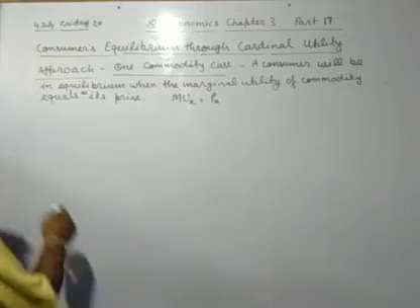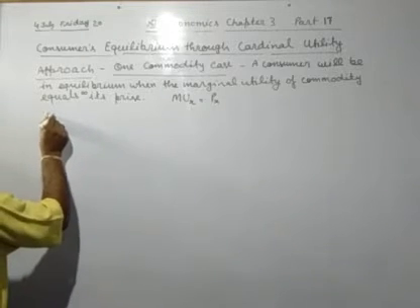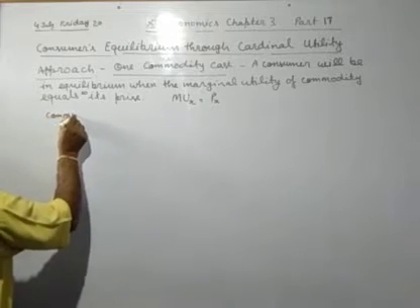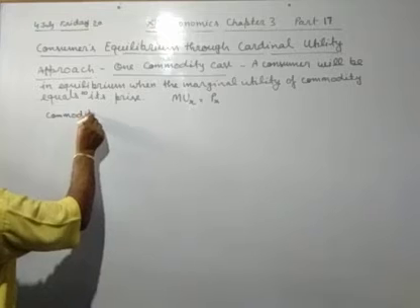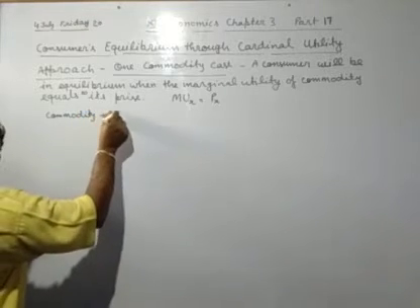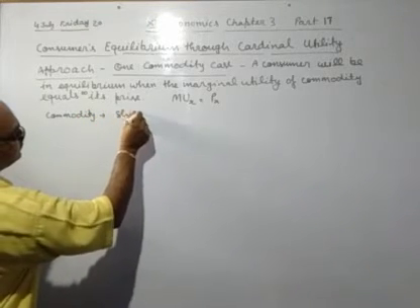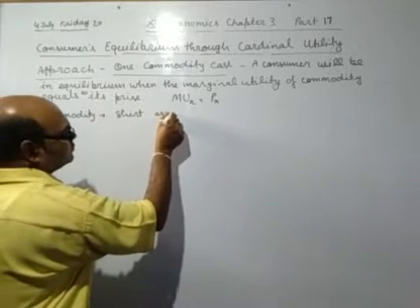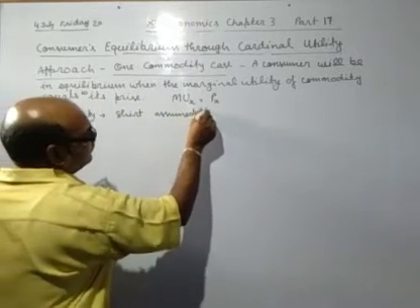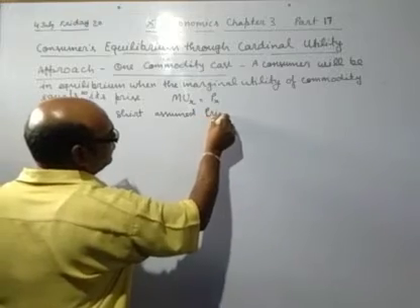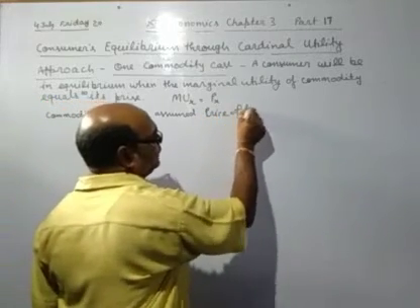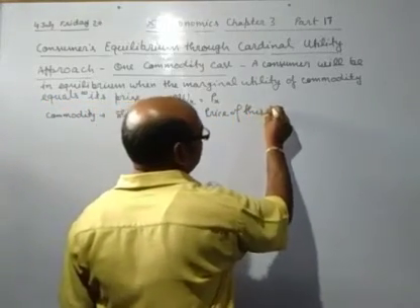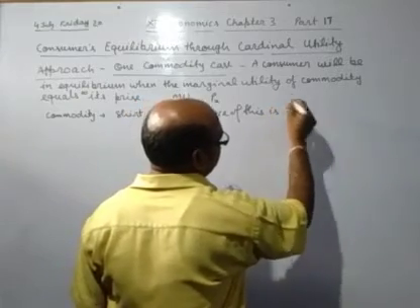So we take a commodity, salt, and assume its price is 600.